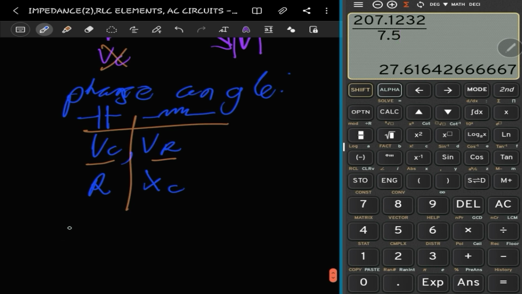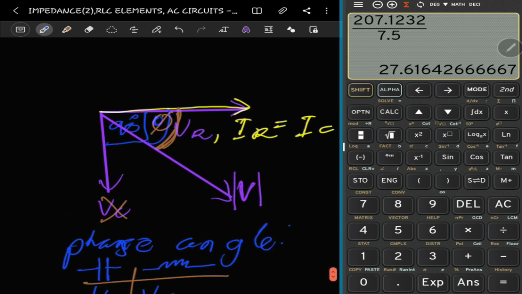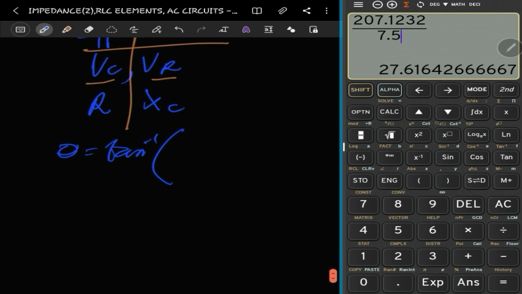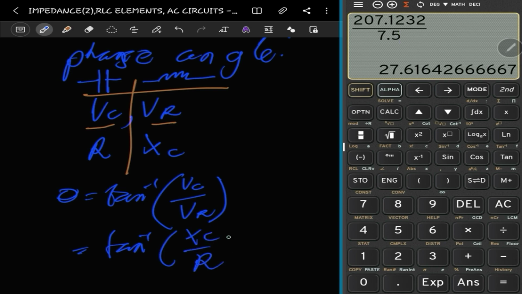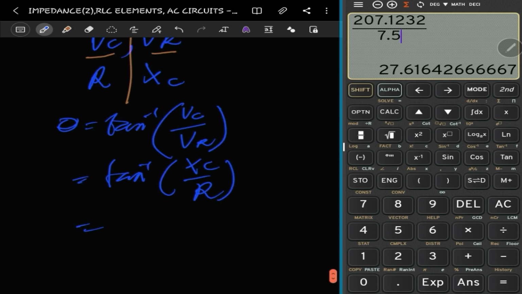So we have to find the theta. We do tan inverse of, because we have a triangle here, we'll have an XC here and we'll have R here. Any of these two will work. So we have VC and VR, which should give us the same value as tan inverse of XC and R. We'll try both of them and see if we get the same value.